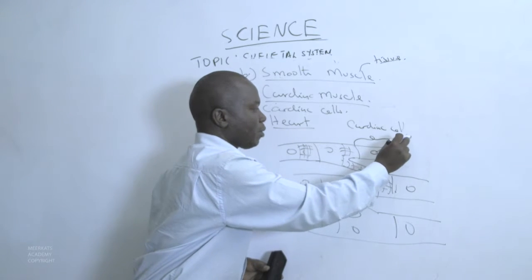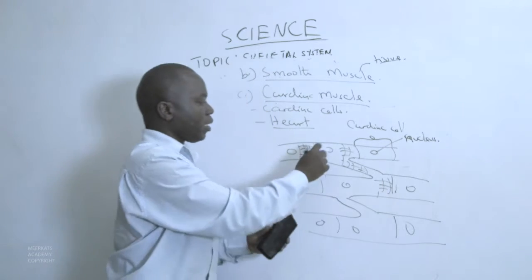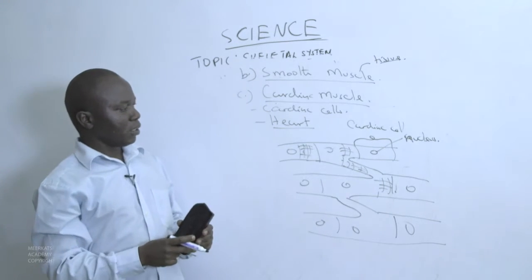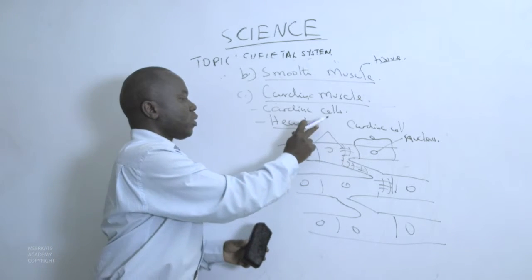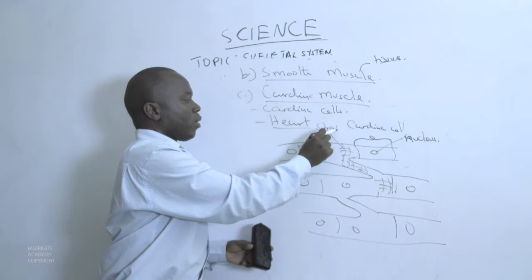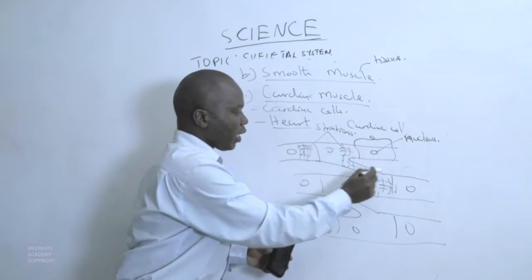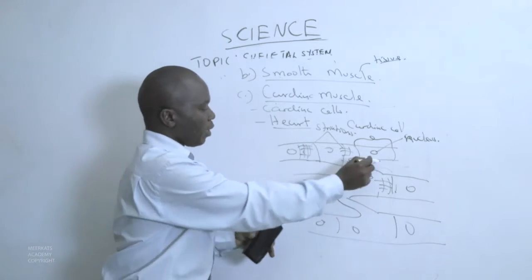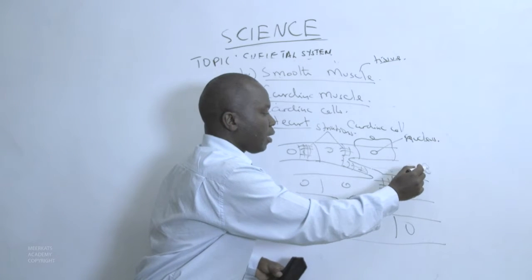This cell has one nucleus, but together they become many, multinucleated. They are also cylindrical in shape, but with a lot of transverse crossings. We are calling them striations. Each fiber, this is one fiber, another fiber, another fiber, they are connected to each other by a bridge.